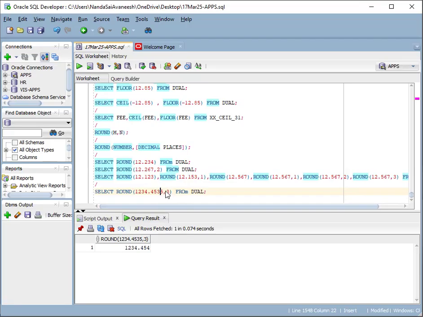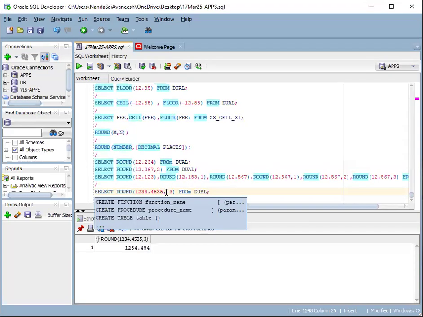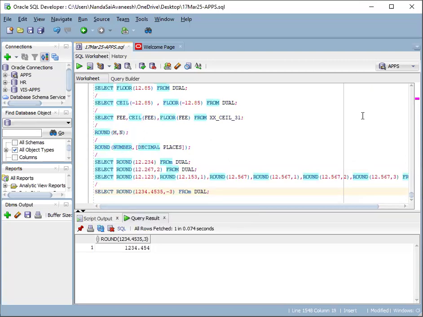But when it is a negative value, completely the decimal places it is removing, and in this precision value, 3 means the ones, tens, hundreds, these 3 digits are made a 0 here.